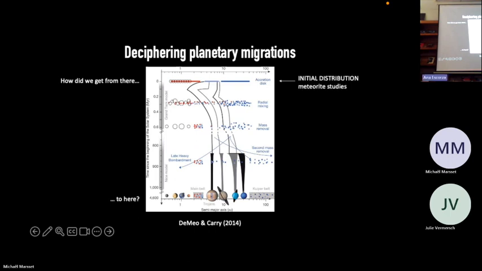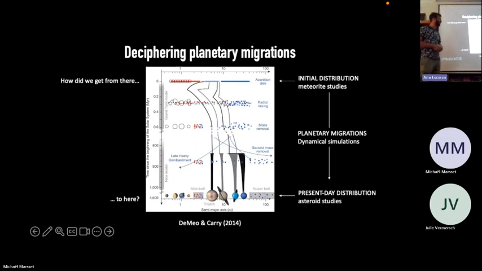So meteorite studies, because as I showed in the first lecture, from the chemical and isotopic composition of meteorites, we can more or less tell where they formed in the solar system. Then we need to know the present day distribution. So that's telescopic studies of small bodies. That's basically what I'm doing here at ESO. And then we need the dynamicists to make the link between the two, right?